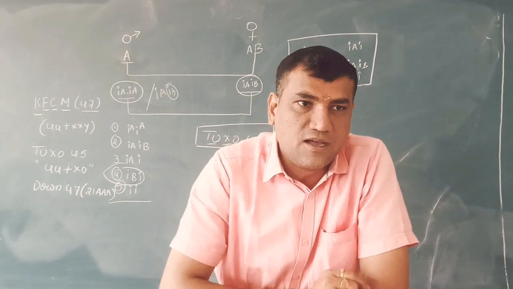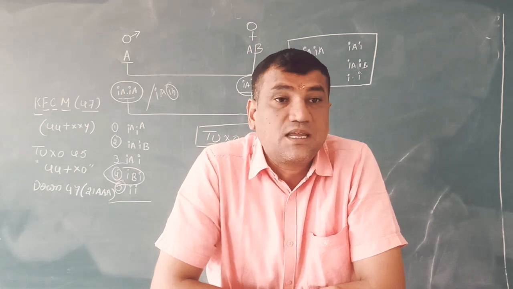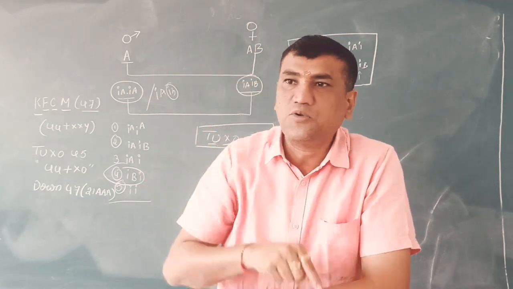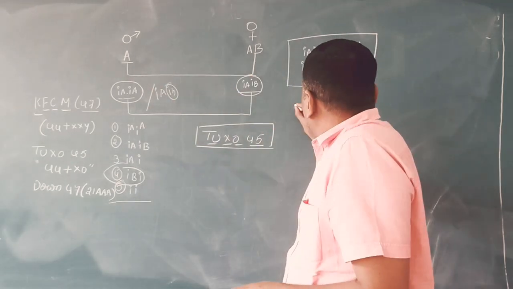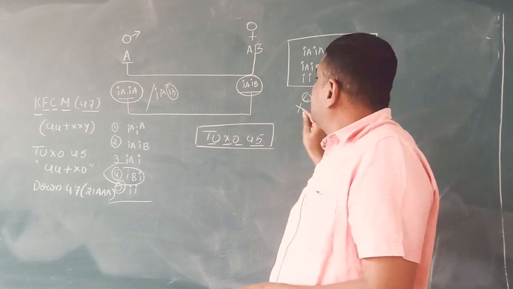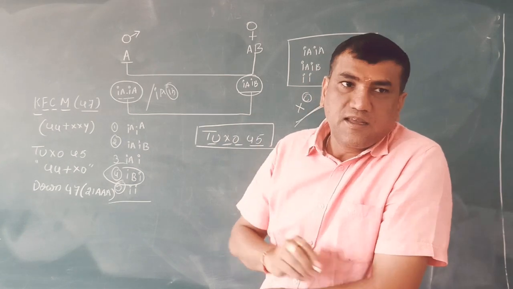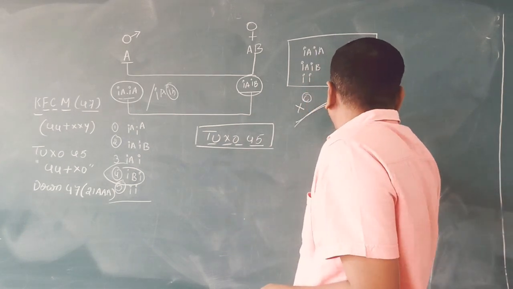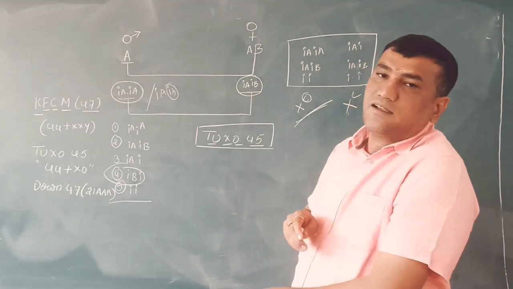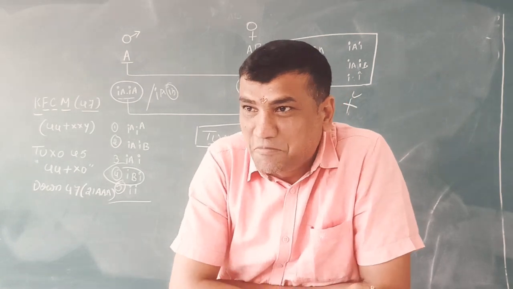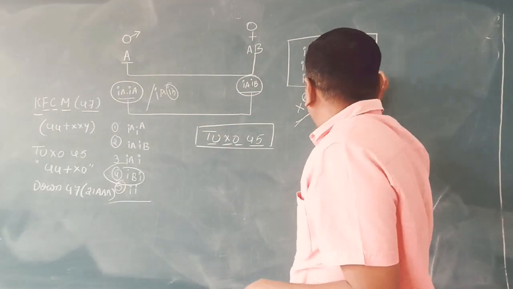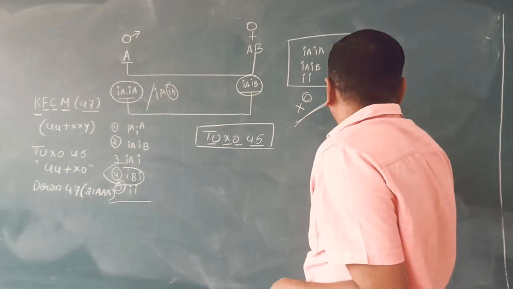XC rounded up means she is a carrier. XC or YC is an indication that father is colorblind. Father is colorblind. Don't be confused. Why? Because father will be having XY.